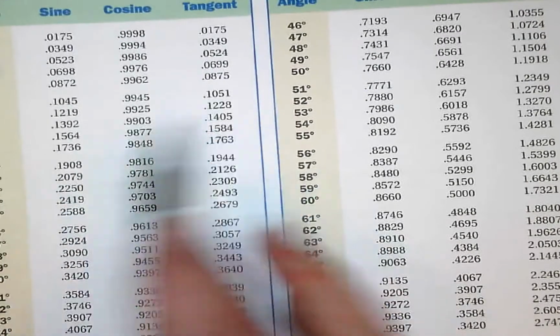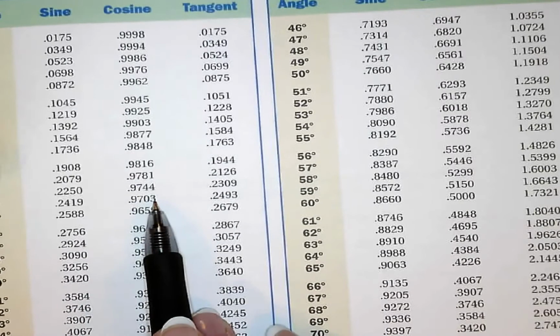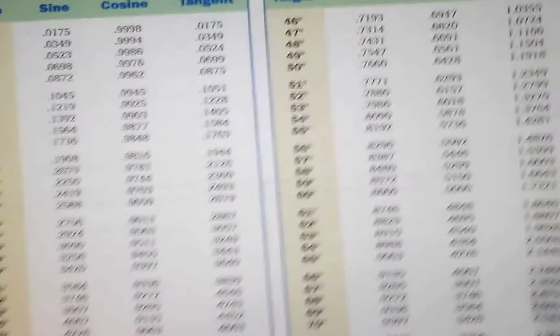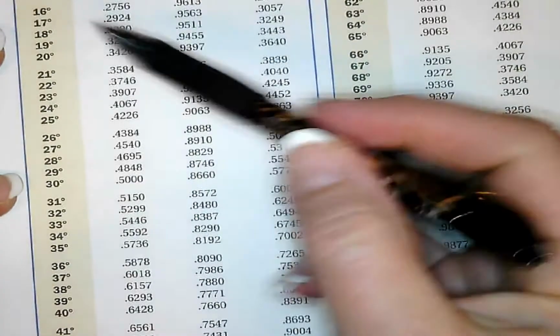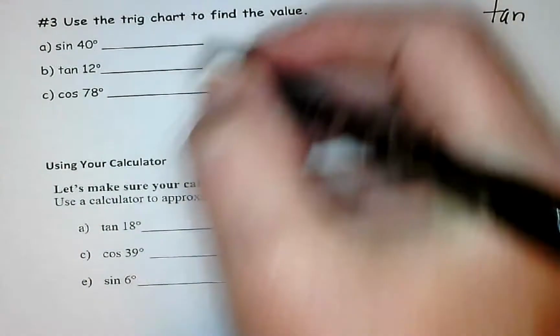Okay, so we can use this chart to help us find the decimal portion that will help us solve some problems. So sine of 40. So I'm going to look here for 40 degrees. Okay, sine is the first column, so that decimal is 0.6428.